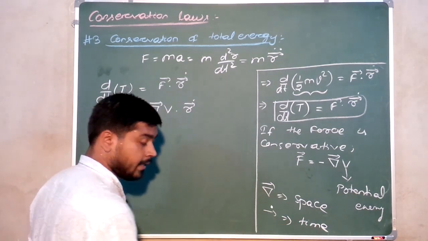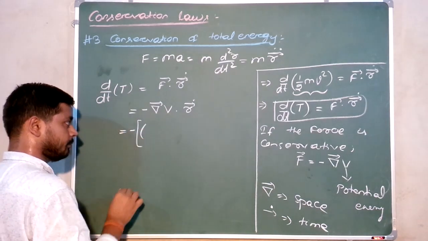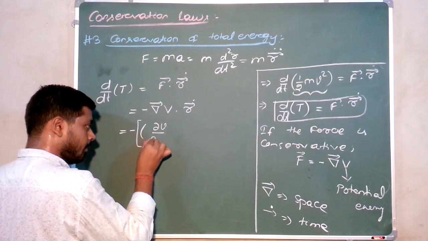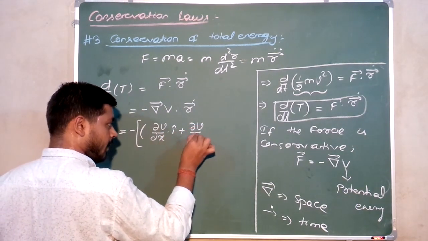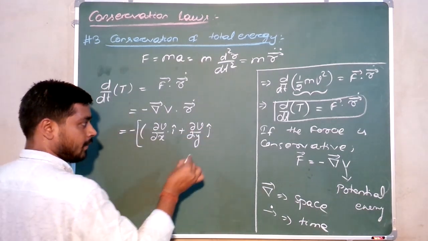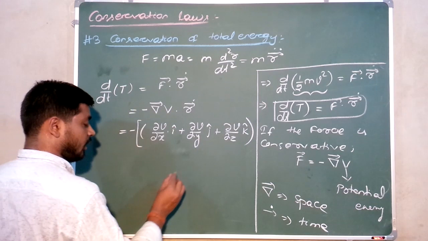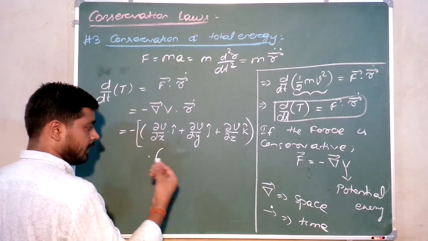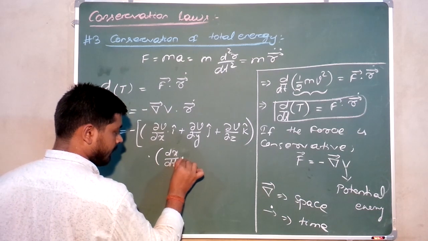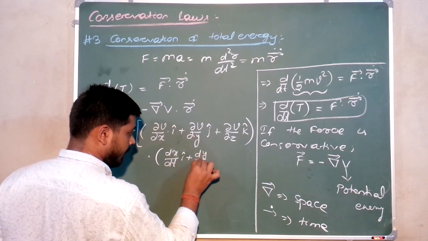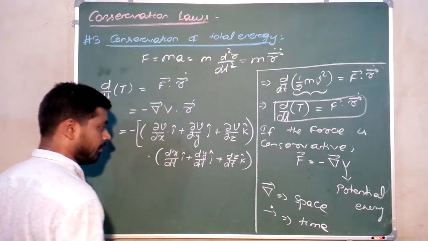So here, minus dou V by dou x i cap plus dou V by dou y j cap plus dou V by dou z k cap, dot product with r vector dot, that is dx by dt i cap plus dy by dt j cap plus dz by dt k cap.